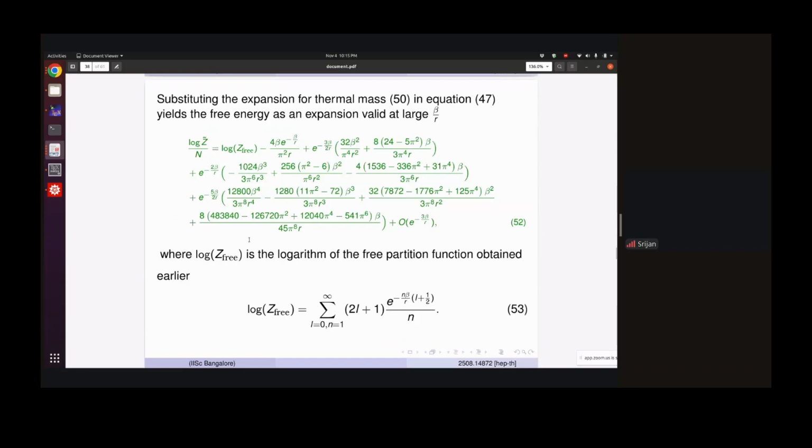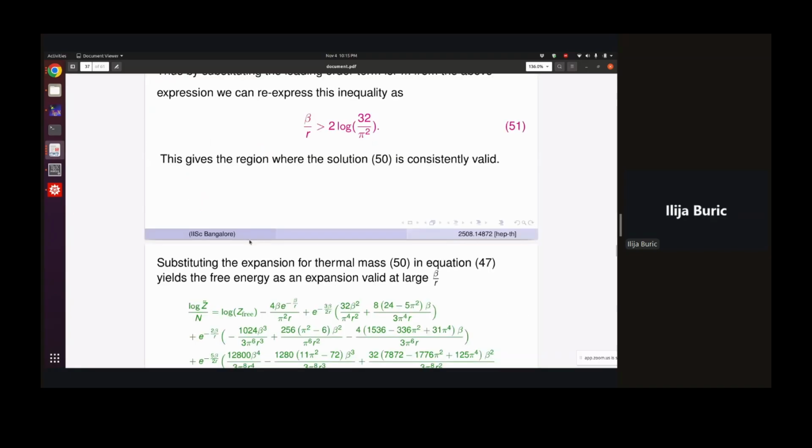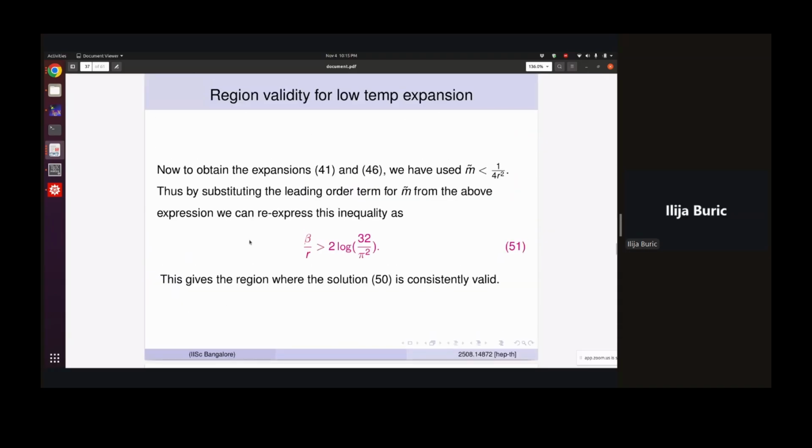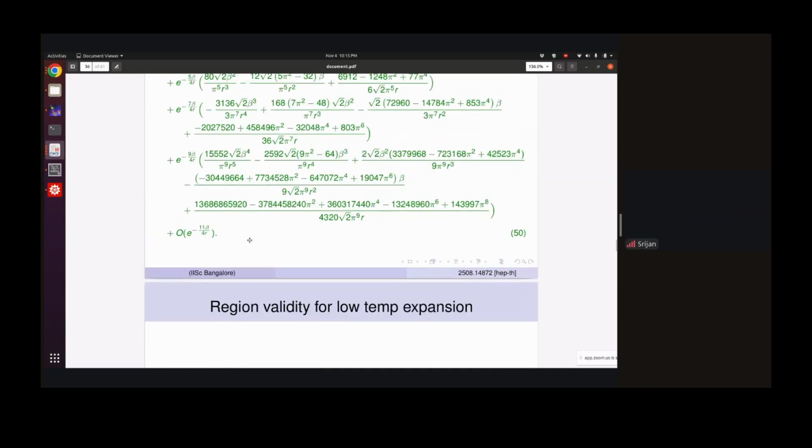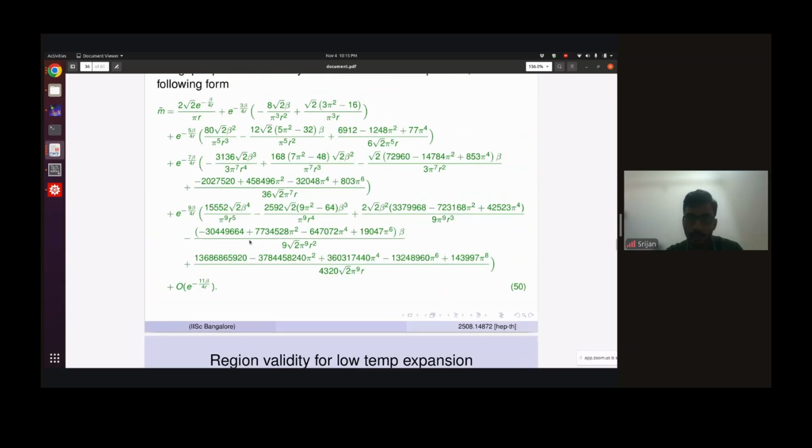If we do character decomposition, we can only get polynomials in e to the minus beta in the partition function. This is not character decomposition.